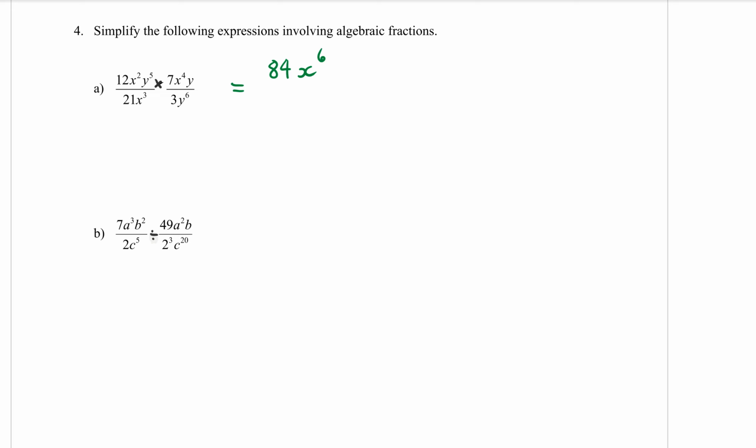And then I have y to the power of, remember that's a 1 there, 5 plus 1 is 6 again. Then multiply on the bottom, 21 times 3 is 36. Those x and y's don't collect at all because they're both different bases. So x to the power of 3, y to the power of 6.